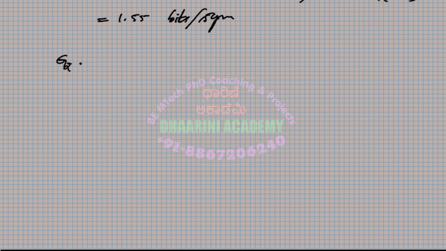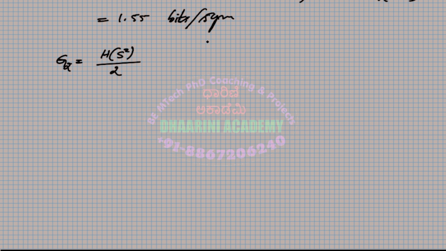The general equation is Gn equal to H of S to the power N divided by N. N is equal to 2, so I have to divide by 2. In the previous case also we have that, but I don't have to write the denominator as 1, so that's why we didn't divide by any number.